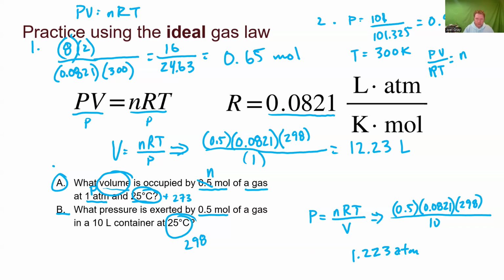So that would be 0.997 times my volume, which is 3, equals 2.991 over R, which is 0.0821, times my temperature, which is 300. You get 24.63. So 2.991 divided by 24.63 equals n, which is 0.12, which is the popular answer.